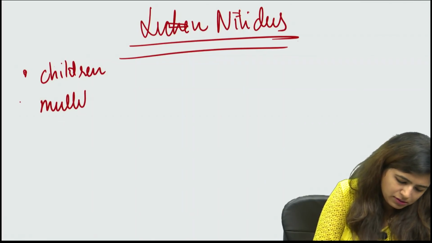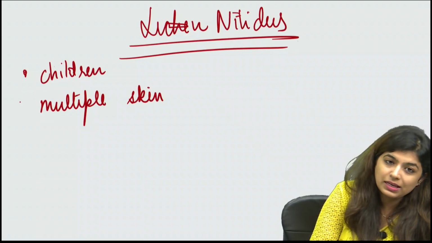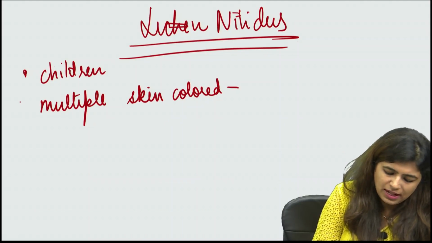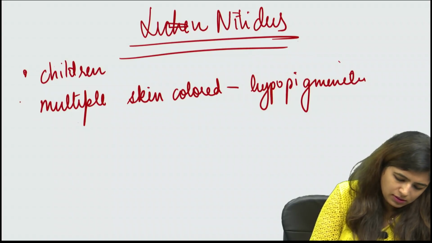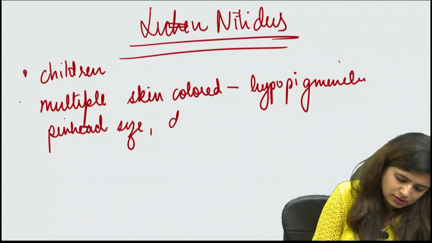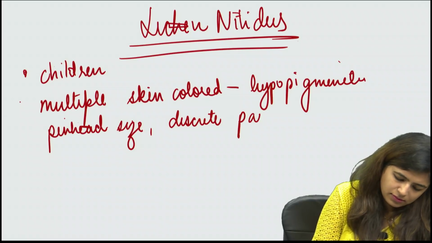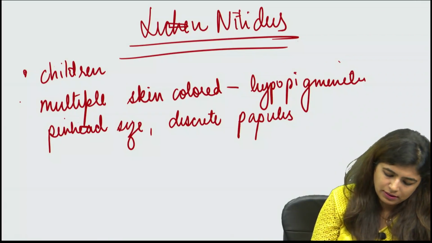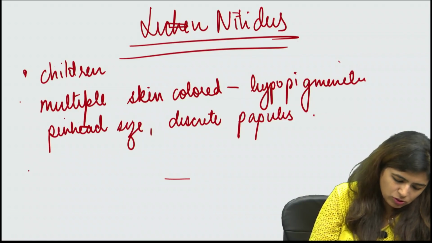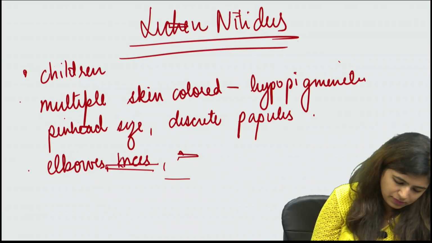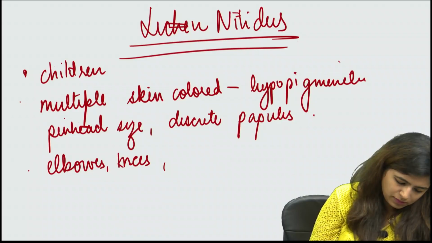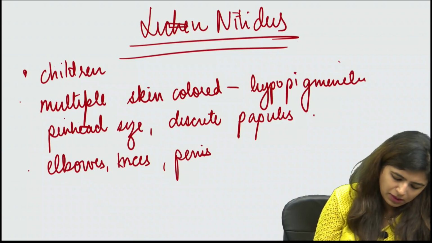You have multiple skin colored to slightly hypopigmented pinhead size discrete papules which are present on generally the extensors like elbows, knees, and the penis.